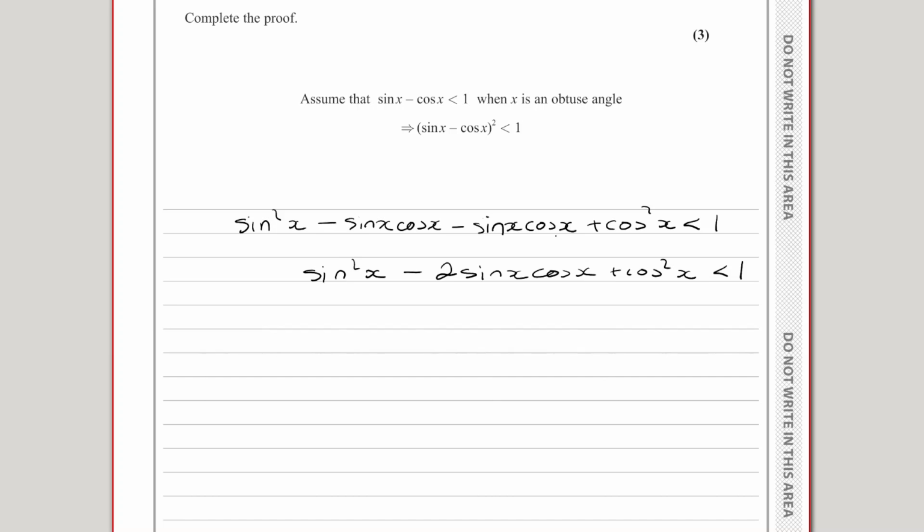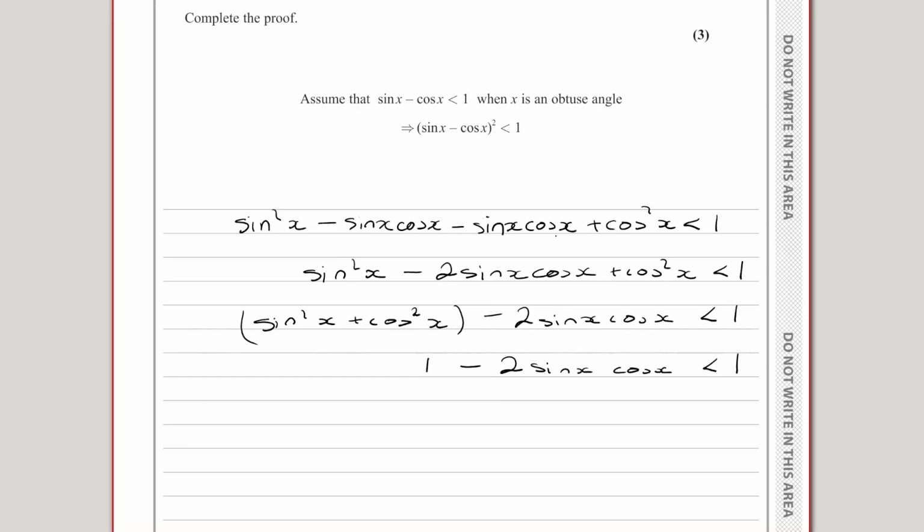And we've got sine squared x plus cos squared x, which we can change into 1. So we've got 1 minus 2 sine x cos x is less than 1. Take 1 away from both sides, so minus 2 sine x cos x is less than 0.